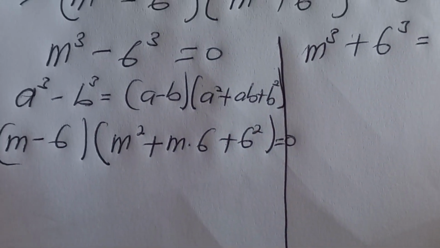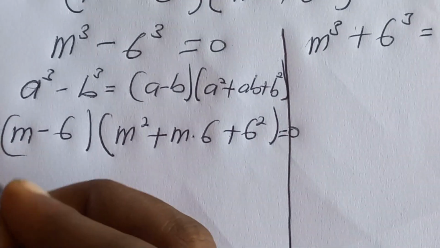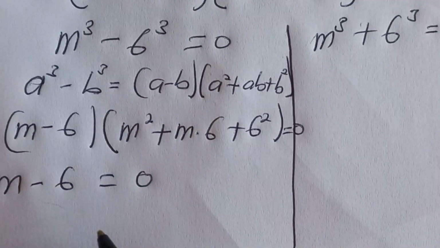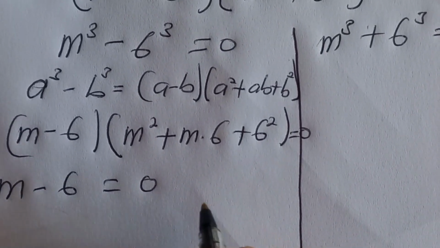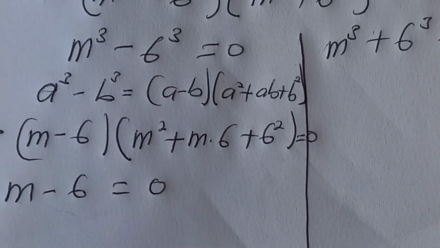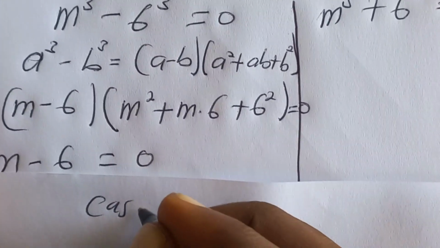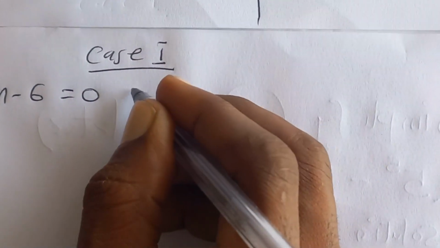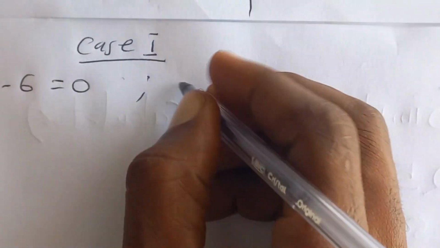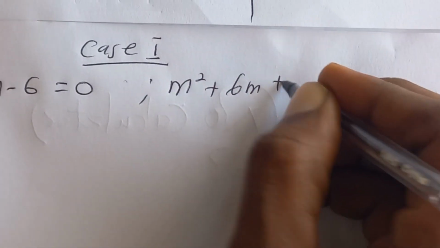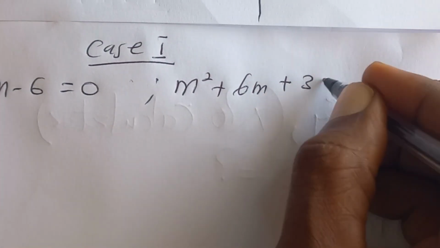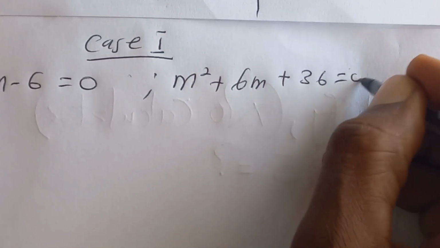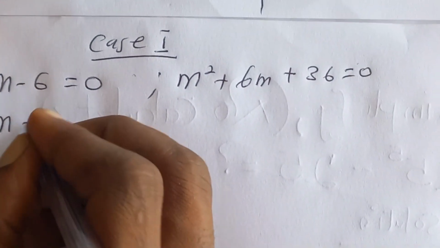So with this, we can get m minus 6 is equal to 0, and then m squared plus 6m plus 36 is equal to 0. So over here, we say that m is equal to 6.